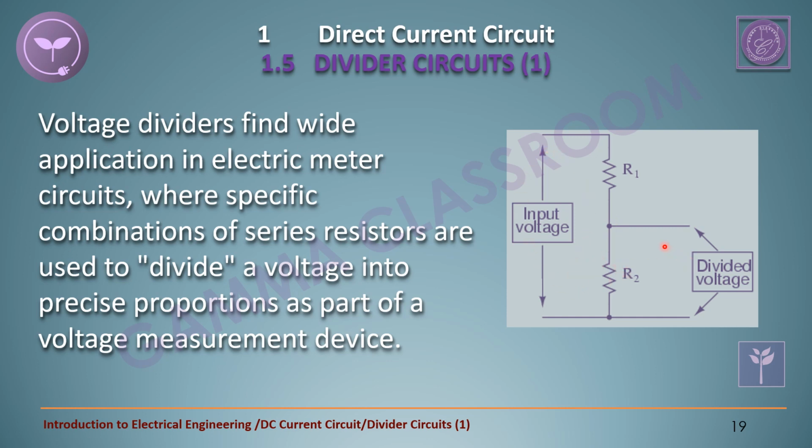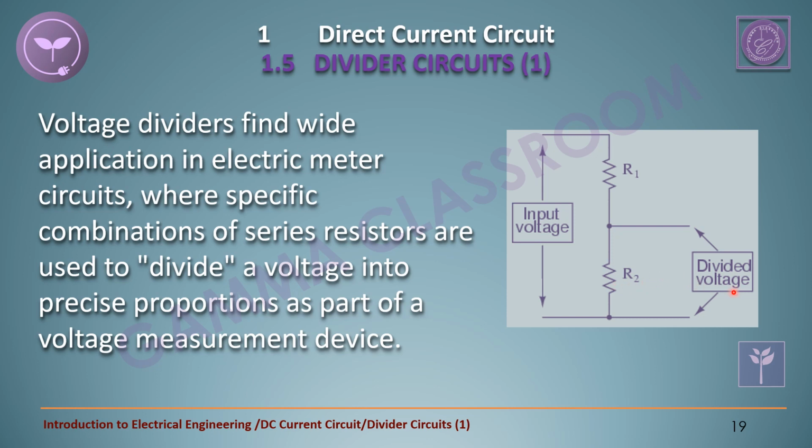If you want to get a portion of the total voltage, you just need to calculate the ratio of the resistor with the total resistance. We only need the ratio R2 divided by R1 plus R2.